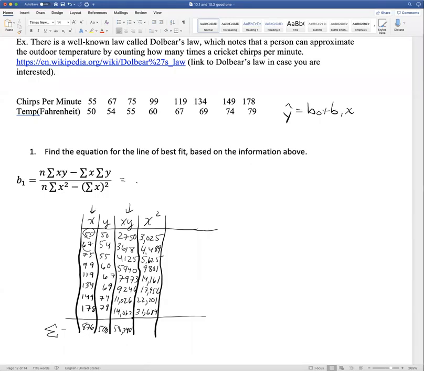Let's see what we get. And it's going to take me a little bit to do this, so please feel free to do this on your calculator as I'm working on this. I get 108,942.